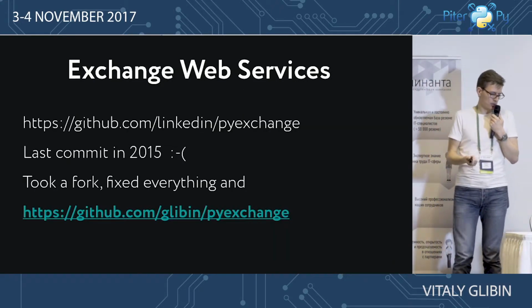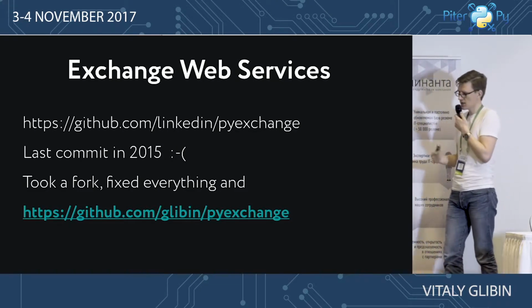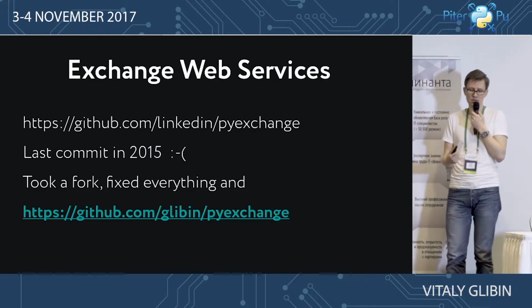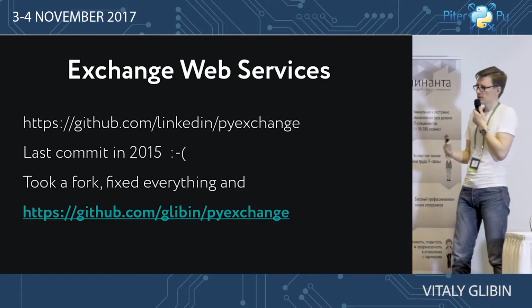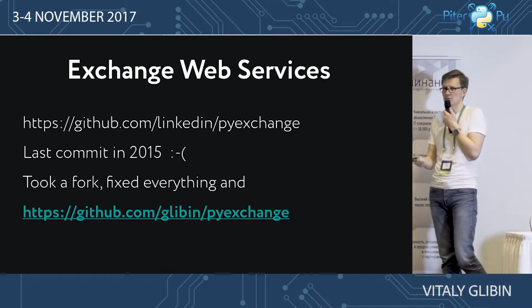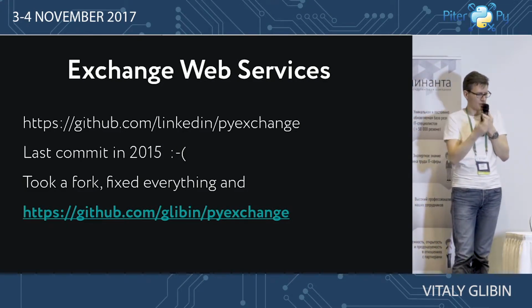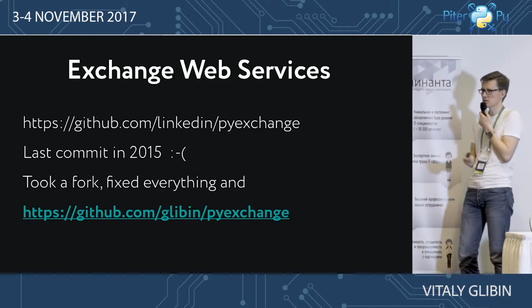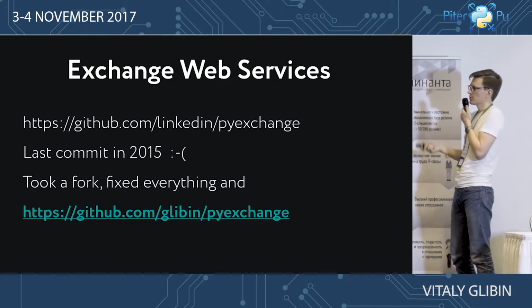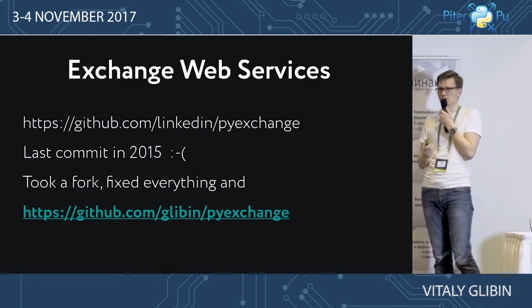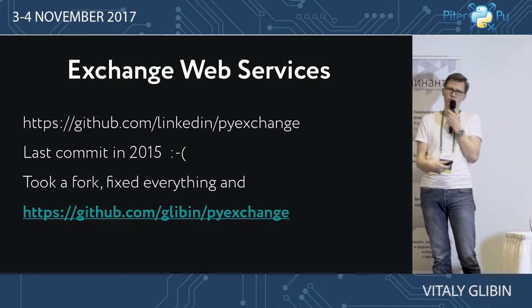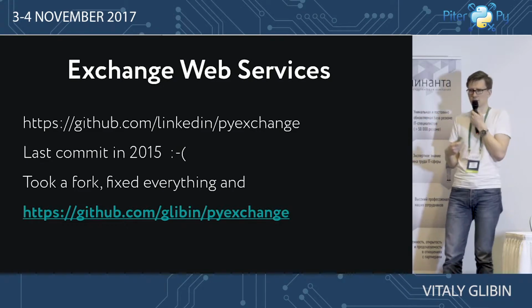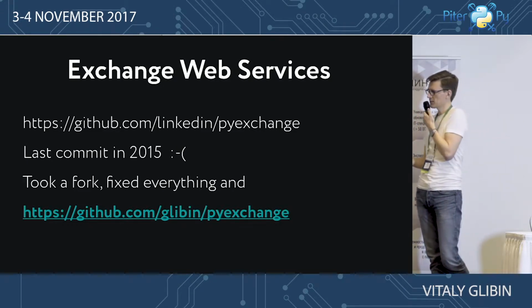But also, speaking about EWS, there is also a library to handle Exchange Web Services. Last commit was in 2015, but it only supports work based on calendars and not email. But it has a good fork, and we found a good fork.